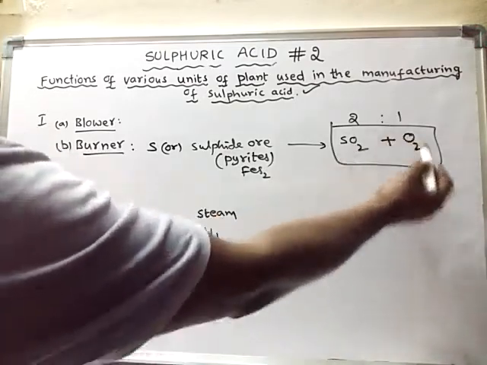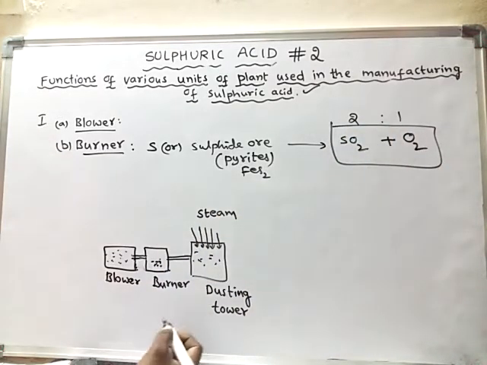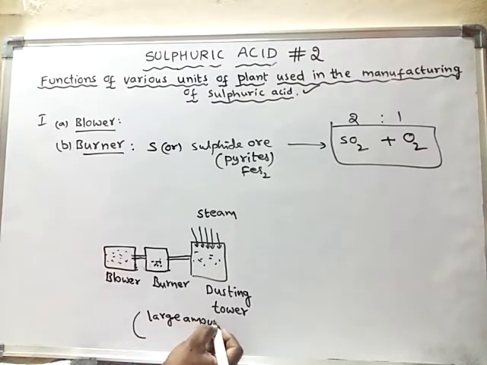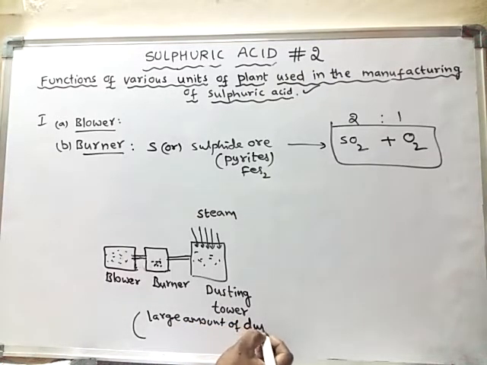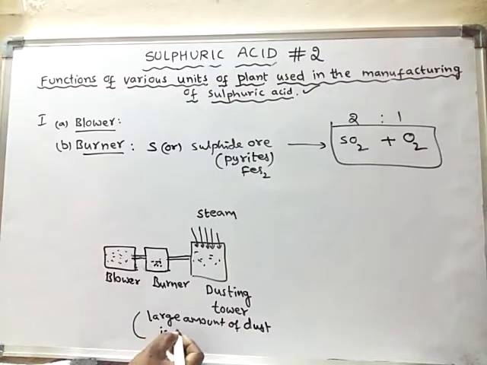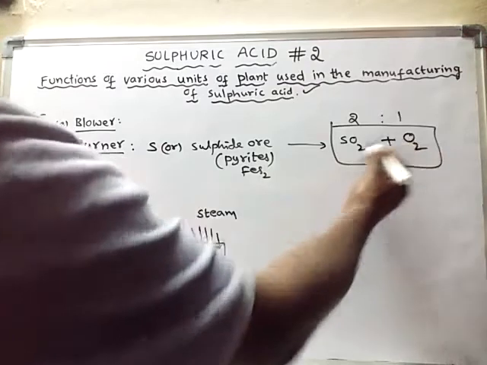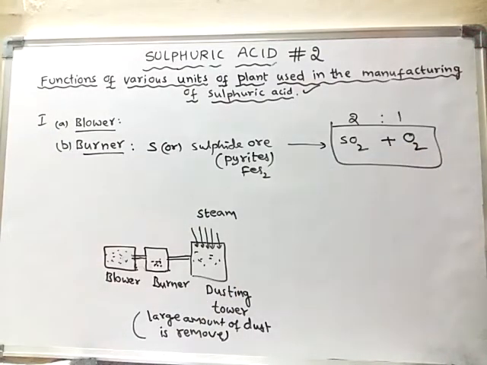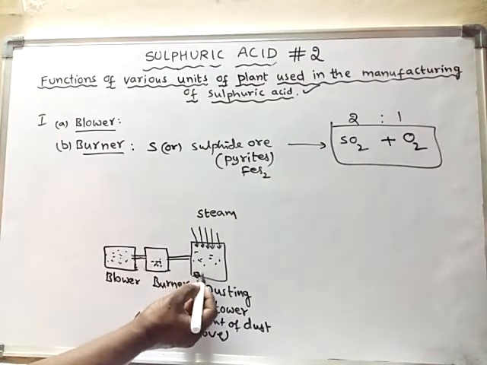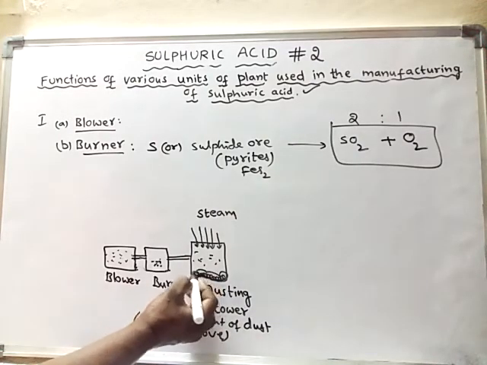So in the dusting tower, a large amount of dust is removed, because this mixture contains dust also. The dust comes and settles at the bottom.